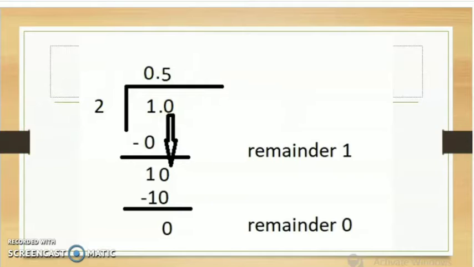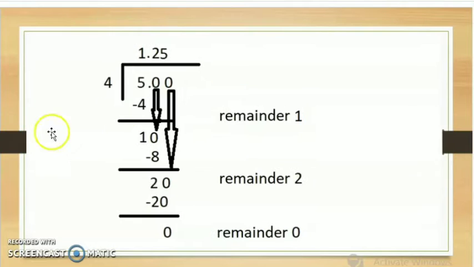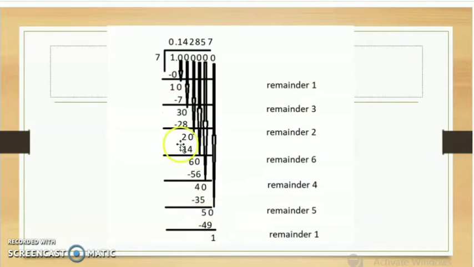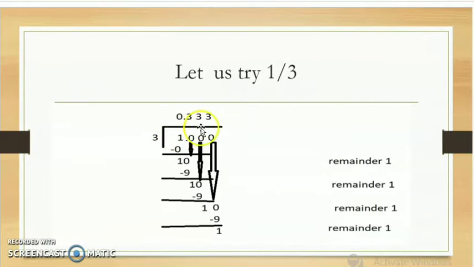For 5 by 4 we saw the remainder becomes 0 and the digits after the decimal point also stop. In the third case we saw that this does not stop, it keeps on going, and the remainder does not become 0. We saw the same thing in the fourth case, 1 by 3: the remainder never becomes 0 and the decimal expansion keeps on going.